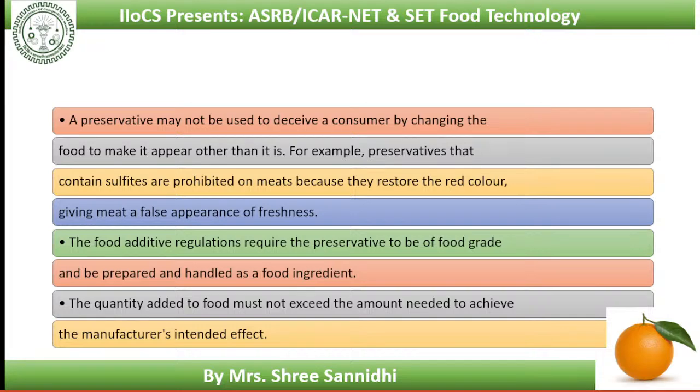So in this case we took the example of meat, right? If you add sulfites, it will restore the red color, so that will make the food appear brighter, right? This is a false appearance, so that should not be used as preservative.